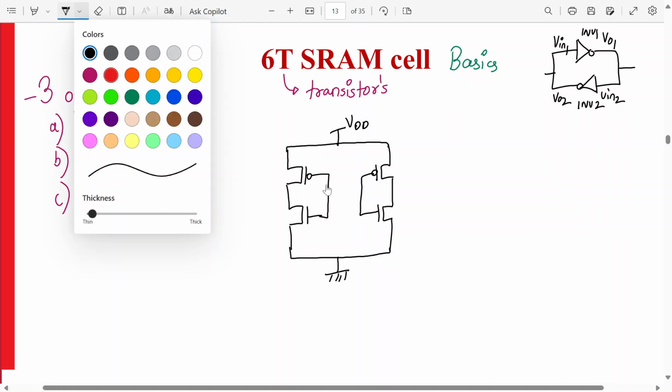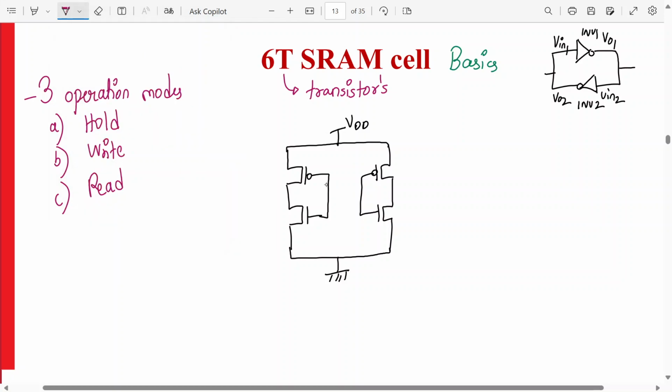Okay, let me call this transistor M1, transistor M2, transistor M3, transistor M4. Understood this? This is inverter number 1, this is inverter number 2. Now where is inverter number 1? This is inverter number 1. Inverter number 1 input is this, right?